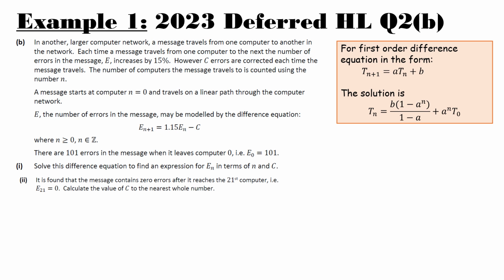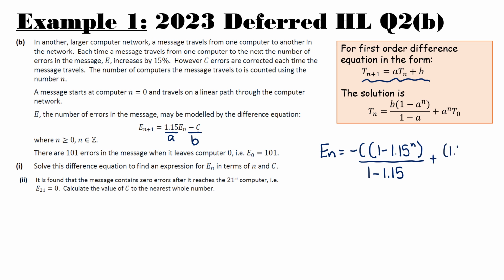So when we have it in the form T(n+1) = aTn + b, we can see here's my a, here's my b, then our general solution can be written as, in this case, En = b(1 − a^n)/(1 − a) + a^n t0, so that's −C(1 − 1.15^n)/(1 − 1.15) + 1.15^n times E0, which is 101. So it would be good practice to do a little bit of tidying up here.